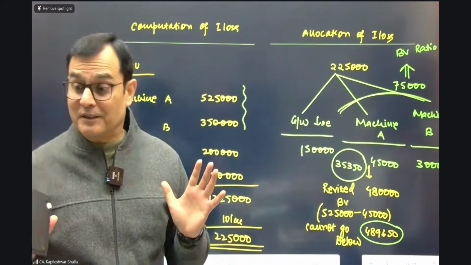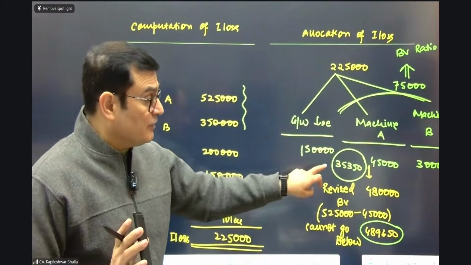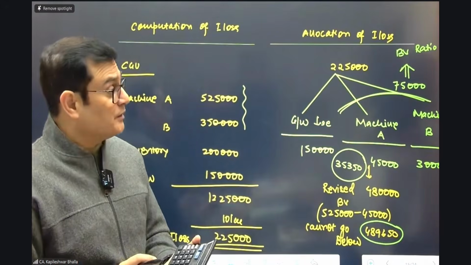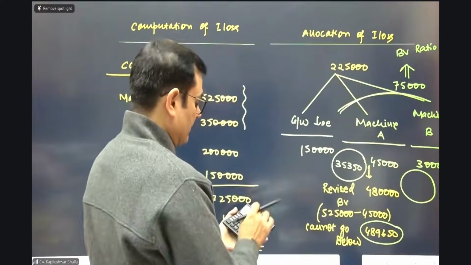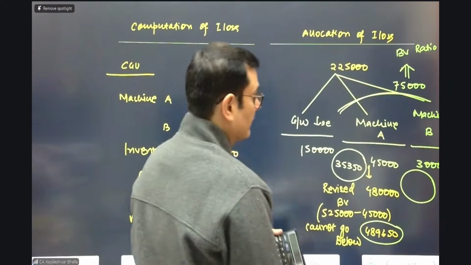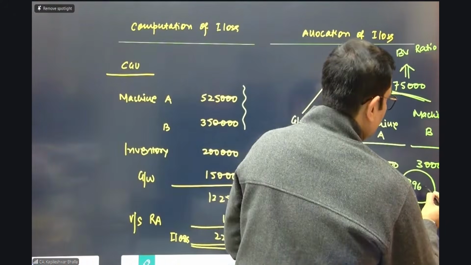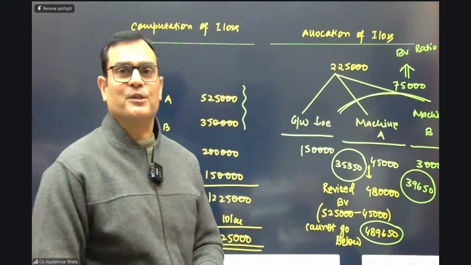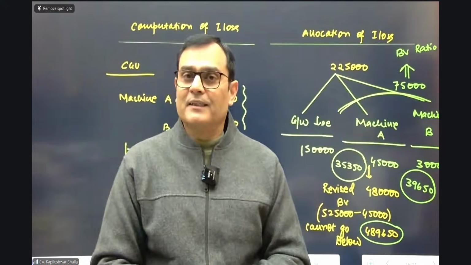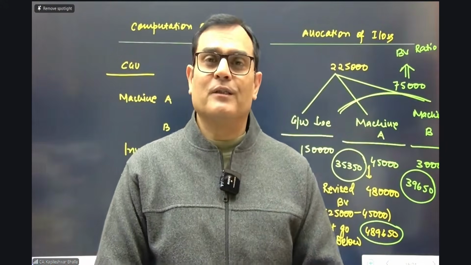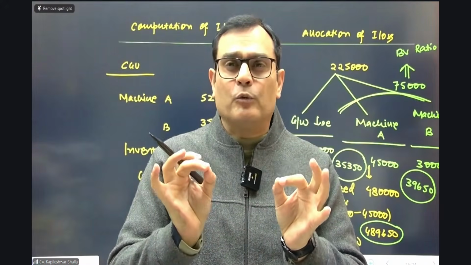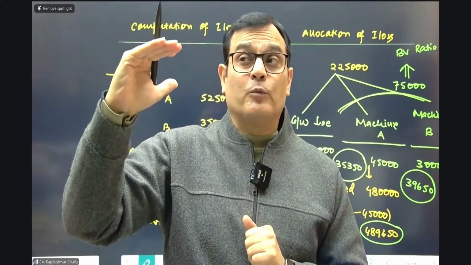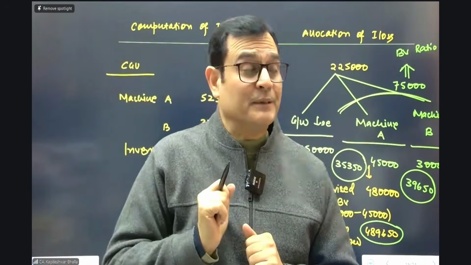I hope you got the picture. Correct. So this 35,350 will be allocated towards A. The remaining will be allocated towards B. So out of 75,000, the remaining 39,650 is going to be allocated towards B. I think now you can see it's a wonderful question which came in the RTPs because we were required to ensure that the revised book value of A doesn't fall below a certain limit.